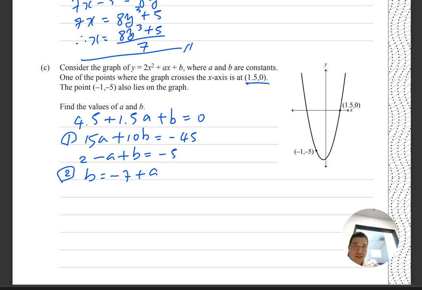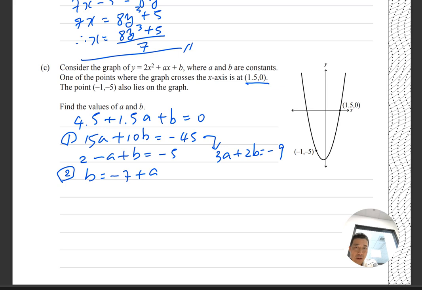Now, I think it's better. I will just reduce this. So divided by 5 on both sides gives me 3a plus 2b equals minus 9, right?